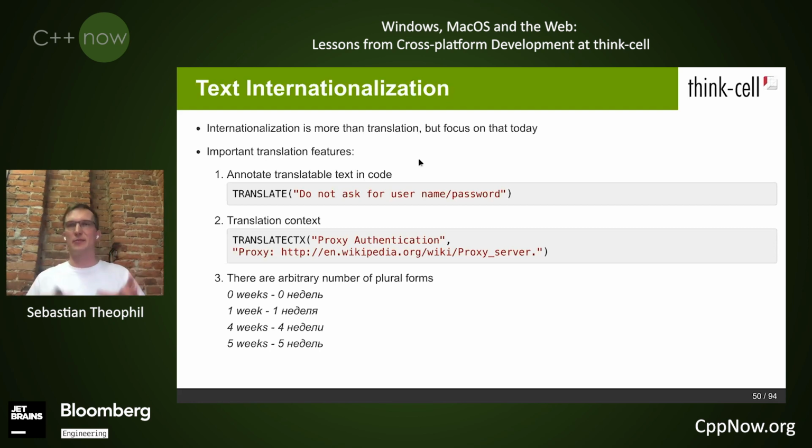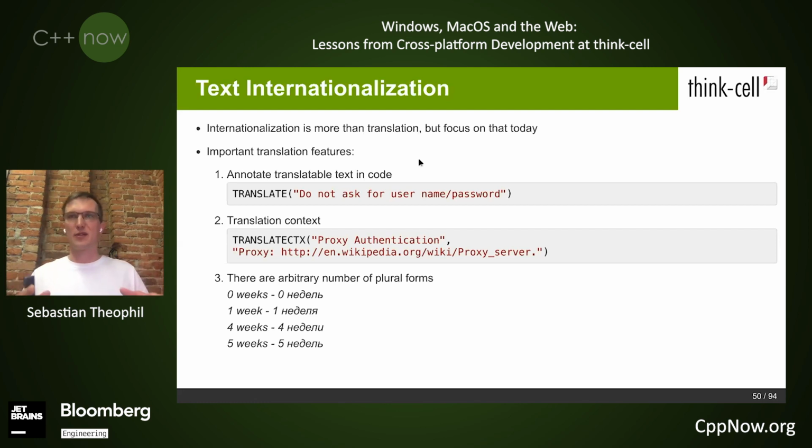And internationalization is much more. You have to think about changing the layout of your dialogues from left to right to right to left, or the number formats, etc. But now I just talk about translation. And any translation tool has to have three important features. You always want to annotate the translatable text in your source code, so you can easily extract it.